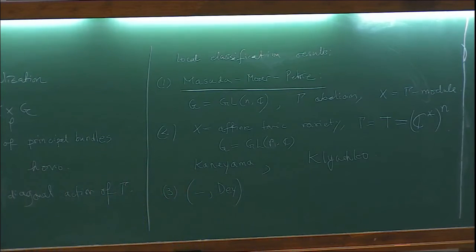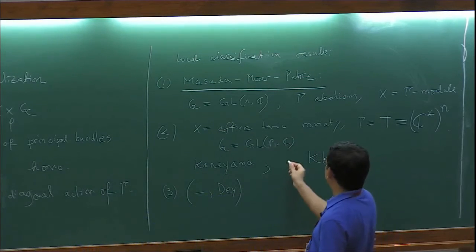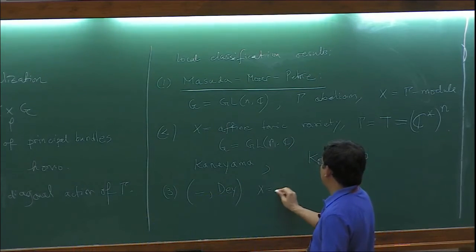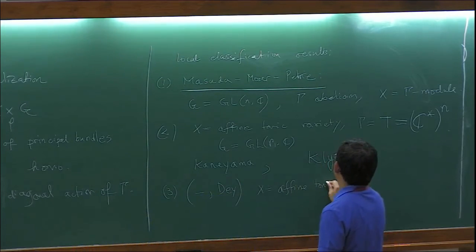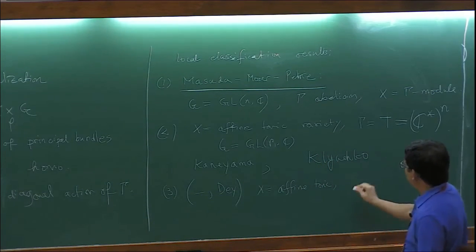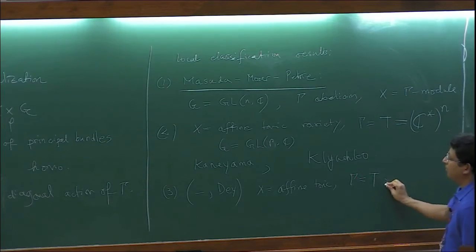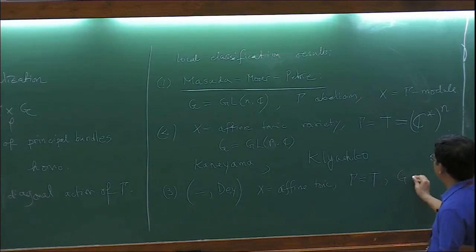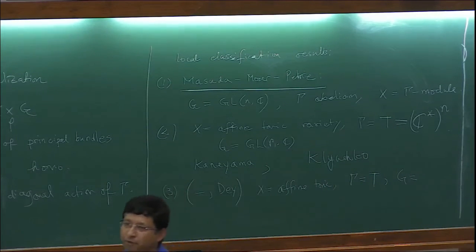Arijit and I, when we first tried to study this, we had a result when X is again affine toric, and gamma is torus, and G this time we could go to some subgroups. So from the vector bundle case, we could go to some other principal bundles.